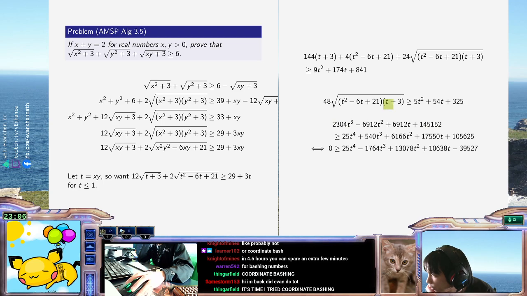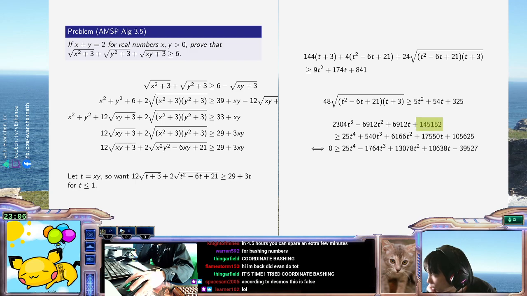Did I mess up the expansion or something? This is 3t, right? And then this is minus 3. Yeah, I don't know. 63. This is where most of the weight comes from. Most of the weight should be this term. What did I miss? What did I screw up?